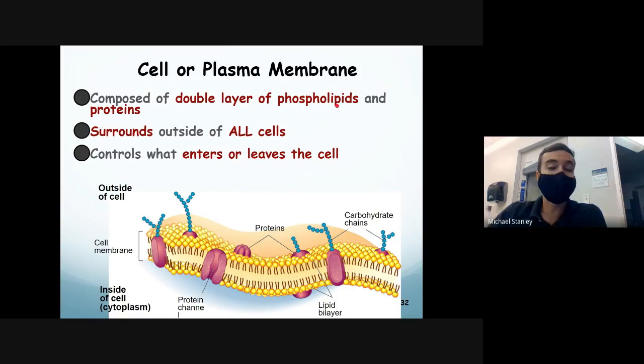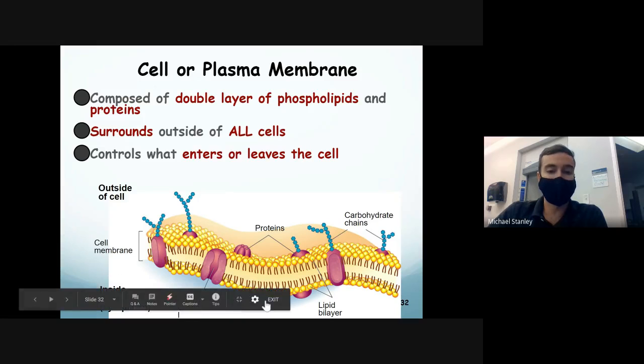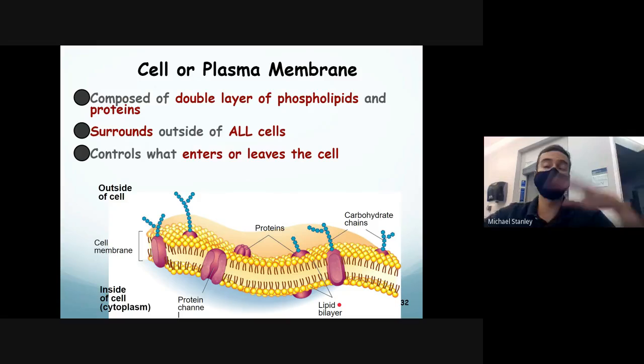So the most important job of the cell membrane is to protect the cell. It keeps the outside stuff on the outside and the inside stuff on the inside. We don't want anything just coming and going inside, outside of the cell all the time. That would be really, really bad for the cell.